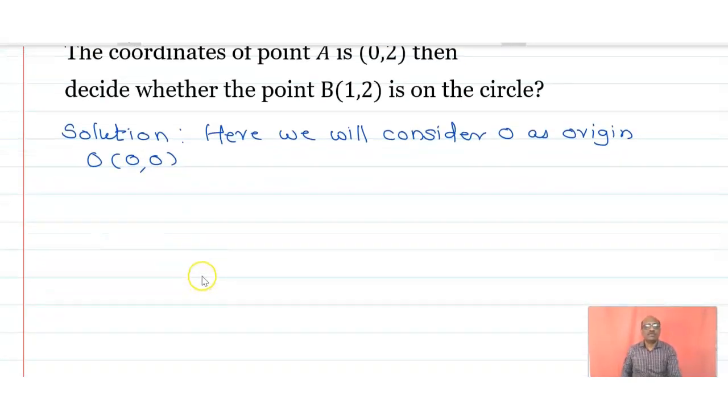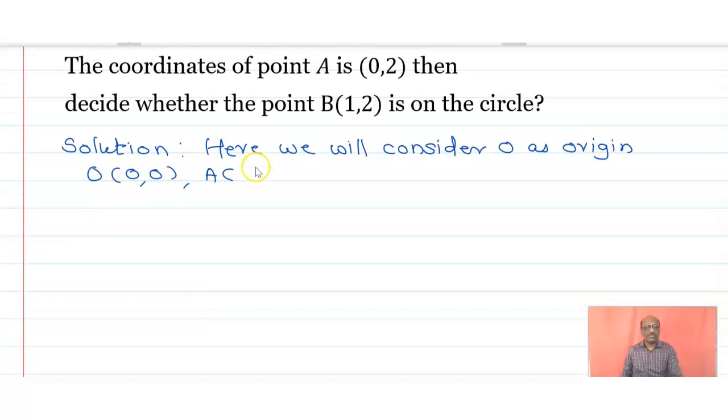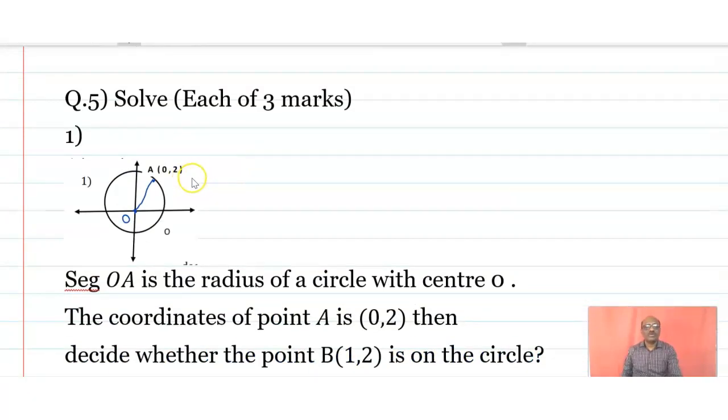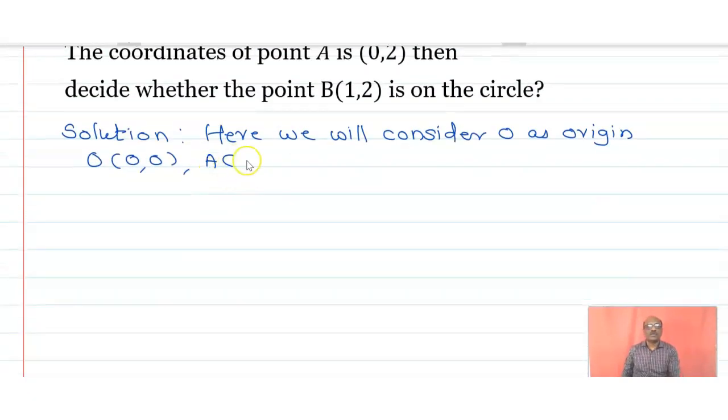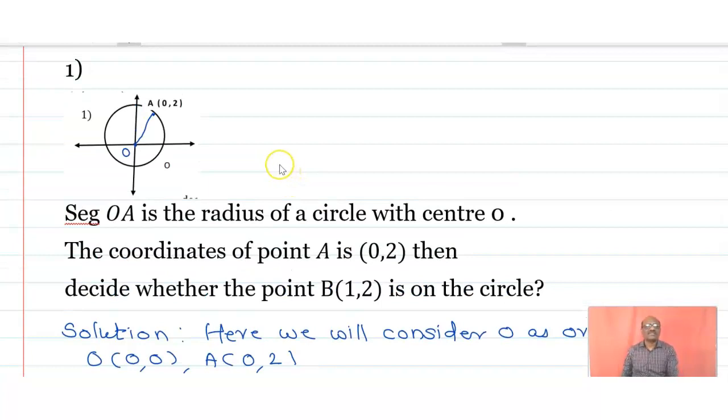Then we will find out the distance OA. What is the coordinate of A? Coordinate of A आपल्याला त्याने दिलेले आहे 0, 2. Coordinate of A is 0. It must be on the y-axis. Okay. म्हणजे हे असं नकोच पाहिजे.